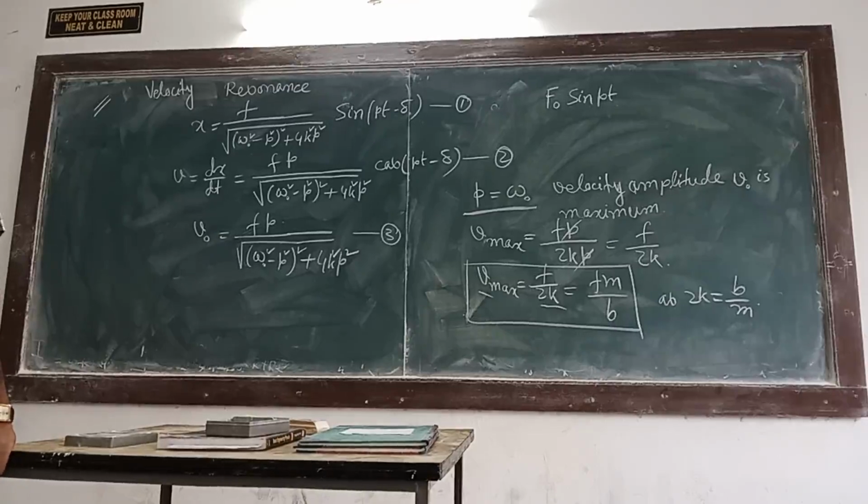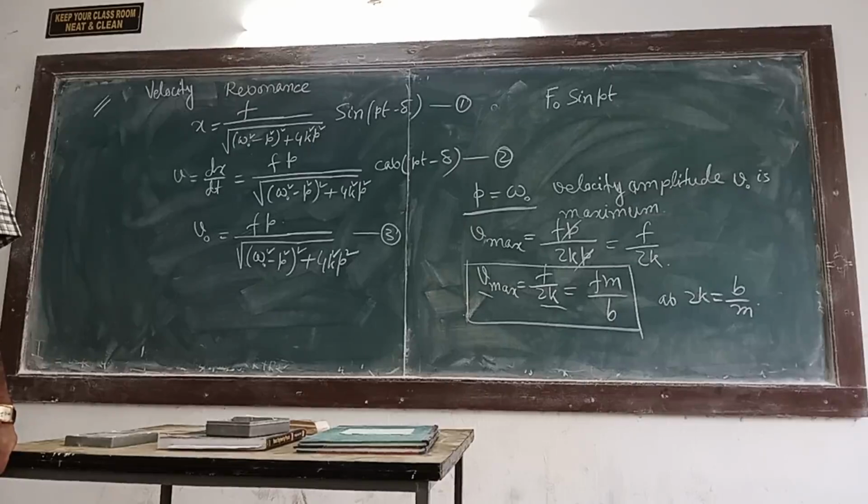And if the frequency p of the periodic force is equal to omega naught, the natural frequency of the bridge, then there is maximum vibration of the bridge.